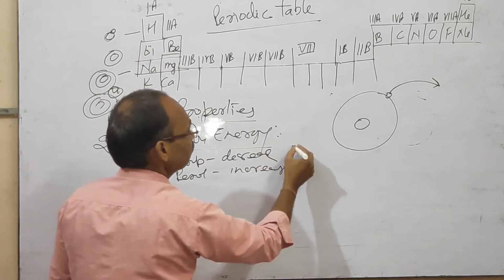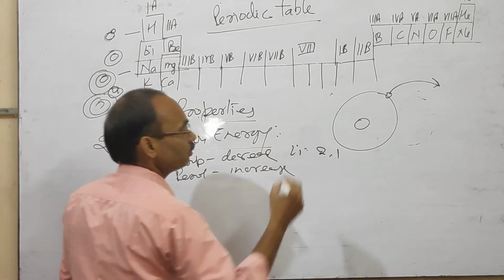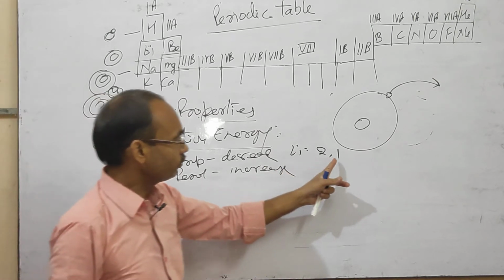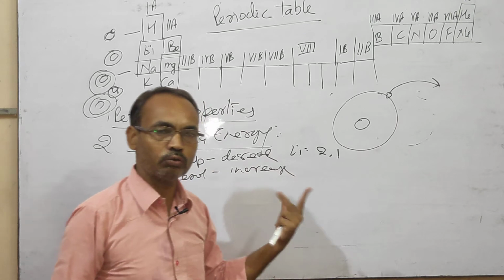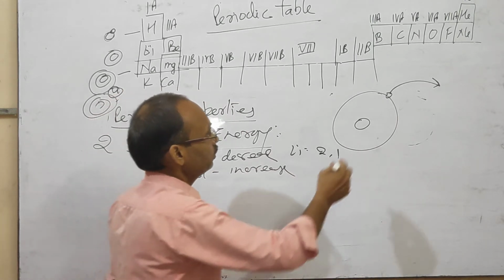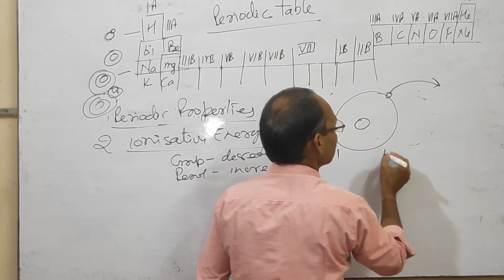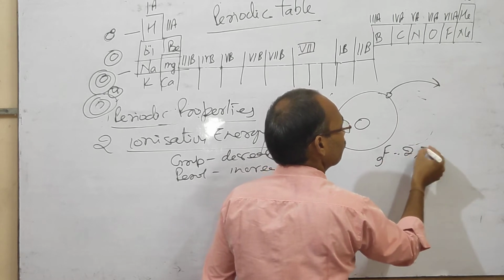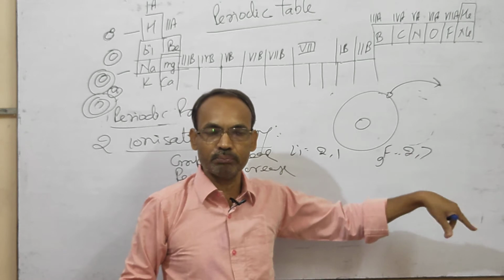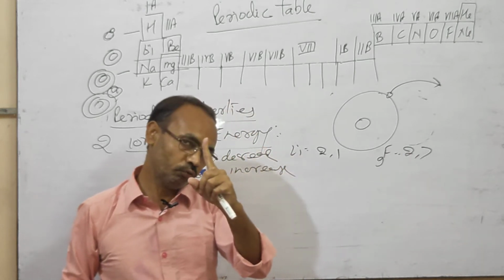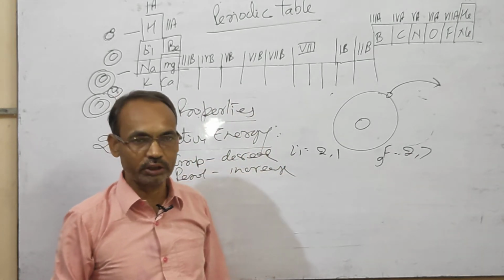But in a period the ionization energy increases, because the electronic configuration of lithium is 2, 1, and it removes its one electron easily without much energy, but the electronic configuration of fluorine 9 is 2, 7, and fluorine does not want to lose an electron, because it needs one electron to complete its octet.